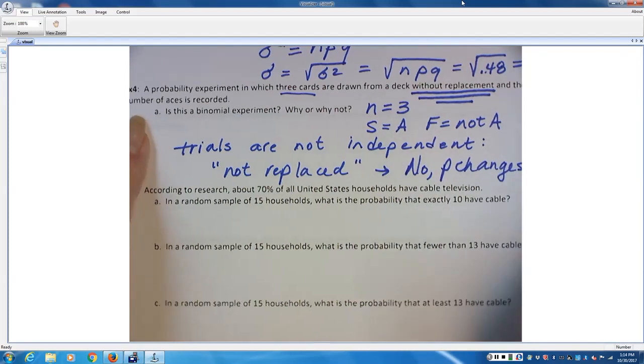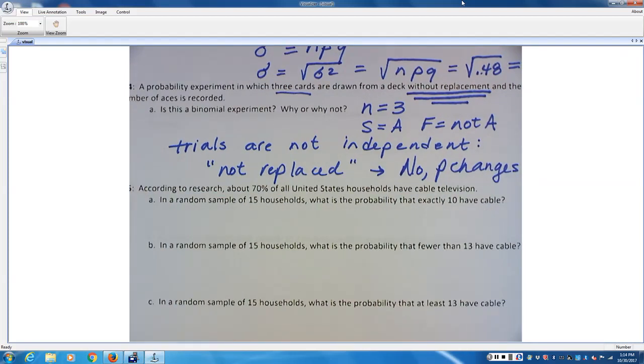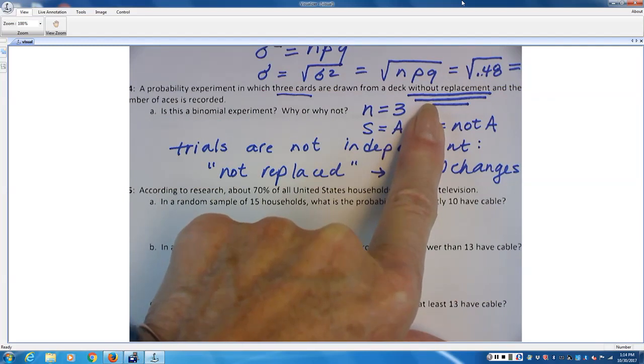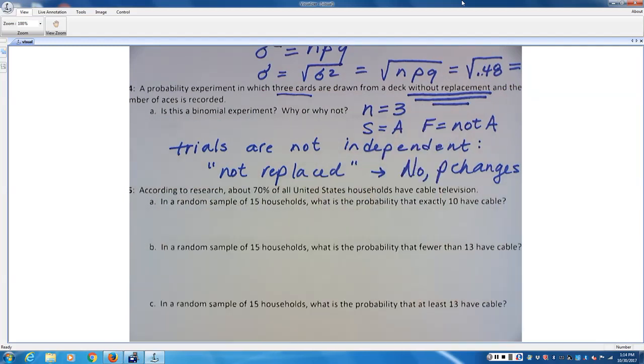So P changes every time you draw a new card. Your probability of success is going to change because the trials are not independent. So the answer on that one is no. And that means even though they've given you what appears to be plenty of information, you can't work any problems with that. You have to make sure that it's not going to be dependent events. Without replacement means they are dependent, not independent.